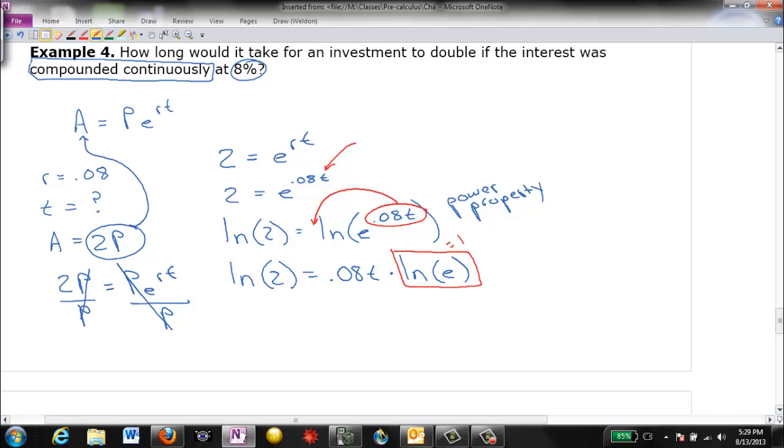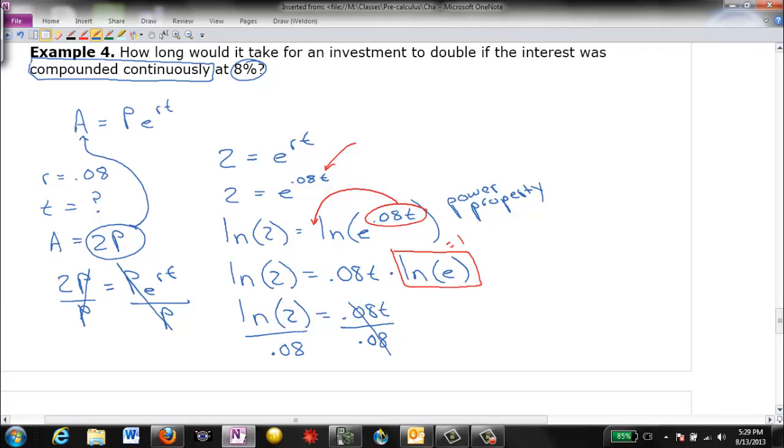So what I'm left with now is the natural log of 2 equals 0.08t times 1, which is just 0.08t. Now to get t by itself, I'm going to divide by 0.08 on both sides, and those cancel.